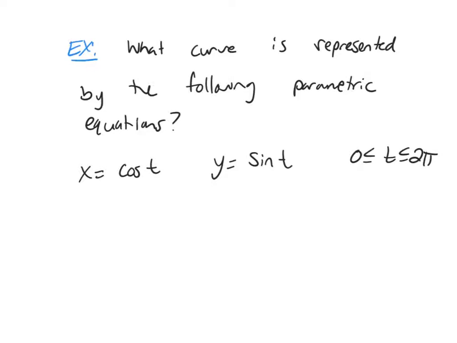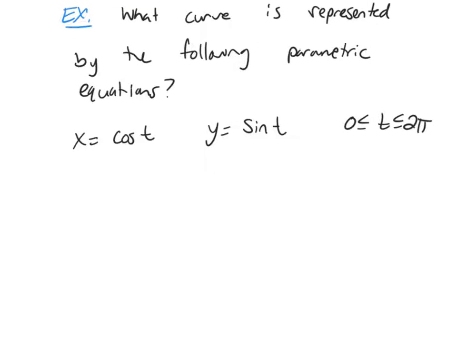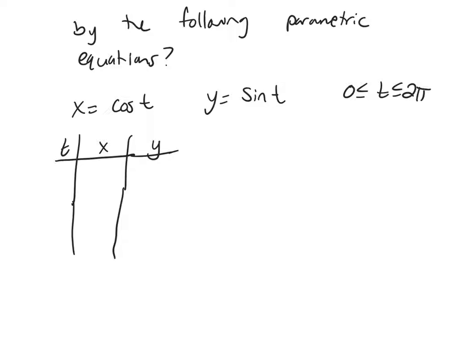So again, let's just stick with plotting some points. Let's take t, and we're restricted to this interval, so let's pick numbers between 0 and 2 pi: 0, pi over 2, pi, 3 pi over 2, and 2 pi.